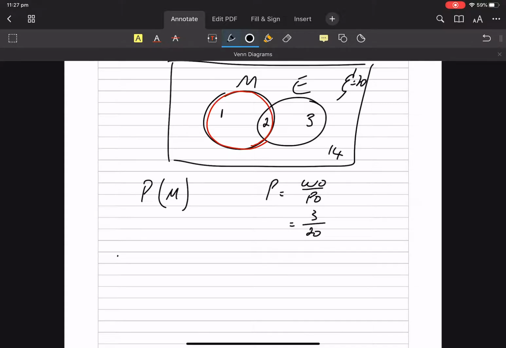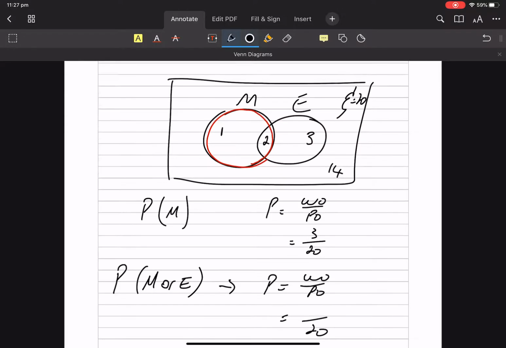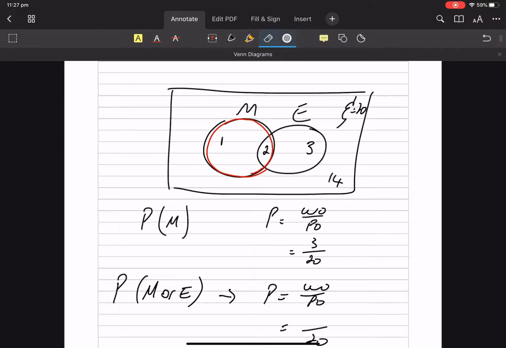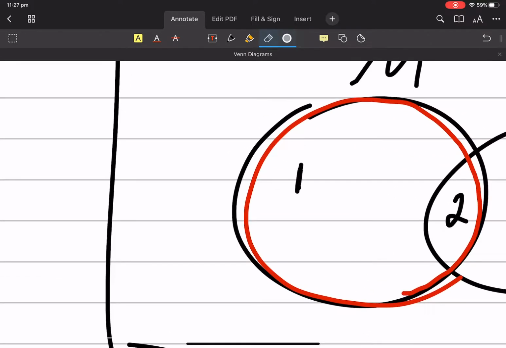Okay. What about the probability that you like maths or English? Again, it's a Venn diagram, so it's WOPO. I know there's 20 kids in the class, and I just want to get rid of that red one.